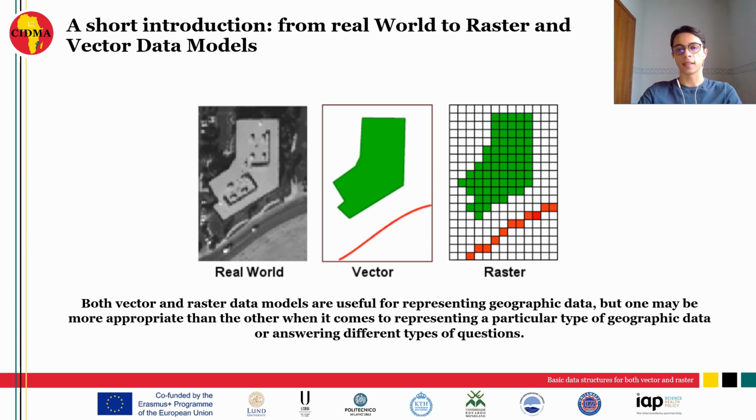While in the raster data model, we can see how each element has been represented with a group of pixels. Nevertheless, we can say that one type of representation can be more appropriate than the other depending, first of all, on the particular type of geographic data that is being represented, and also depending on the particular analysis that has to be performed.